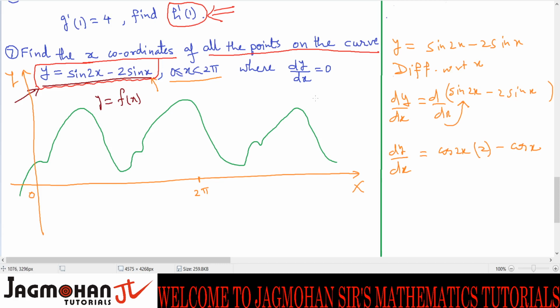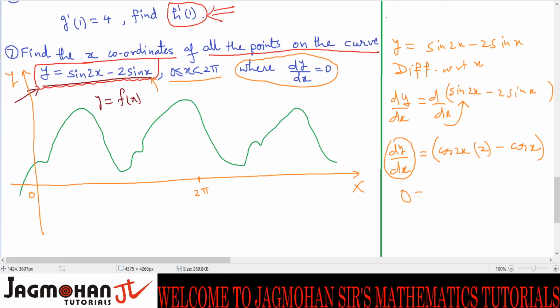Okay. Read the next part of the question. They say where dy by dx is 0. So find the x coordinate of all the points on the curve in the interval x greater than or equal to 0 and less than 2 pi where dy by dx is 0. After having found dy by dx, I will replace dy by dx on the left hand side by 0.